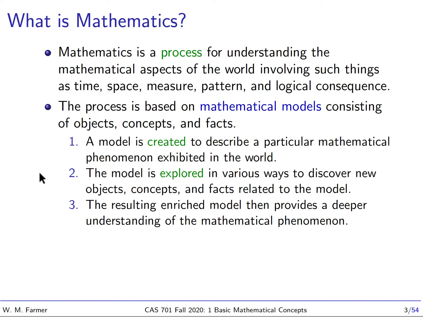And the result is we get a richer model, a model with more objects and concepts and facts, and gives us a deeper understanding of the phenomena in the real world we're trying to understand. So that's a very quick overview of what mathematics is. It's important to realize it is a process. It's a process for discovering mathematical aspects of the world.